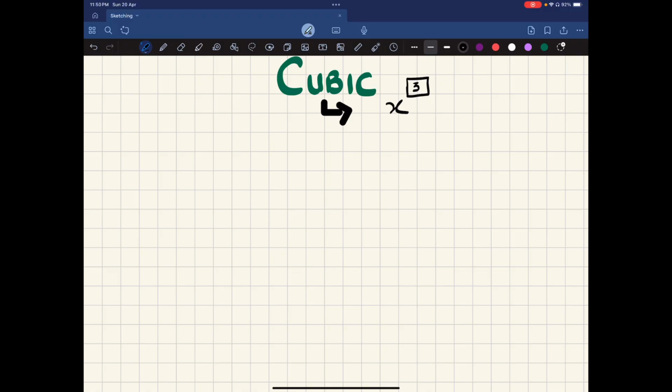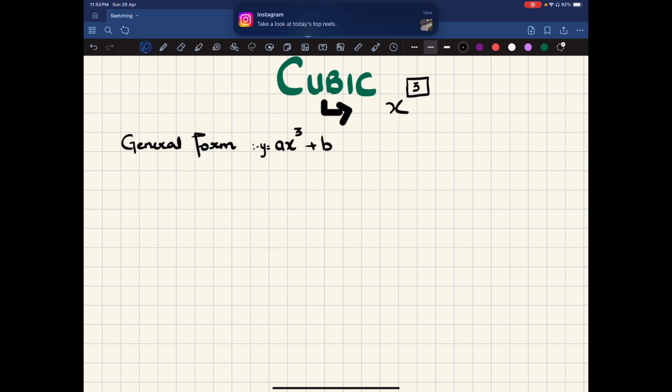Okay, so what is the general form of a cubic function? y is equal to ax cubed plus bx squared plus cx plus d.